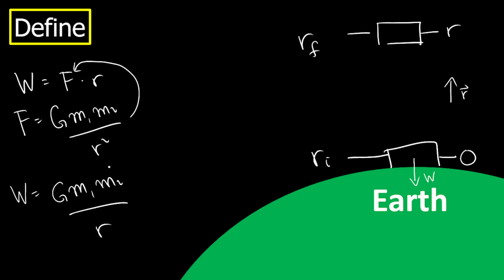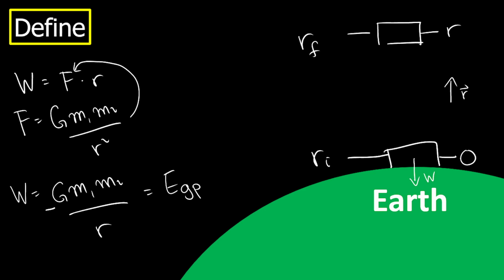And following the work-energy theorem, this is the equation for the gravitational potential energy. But because they're in opposite directions, we can always just add a negative sign. Again, the negative sign here simply tells you the weight is in the opposite direction from the displacement.